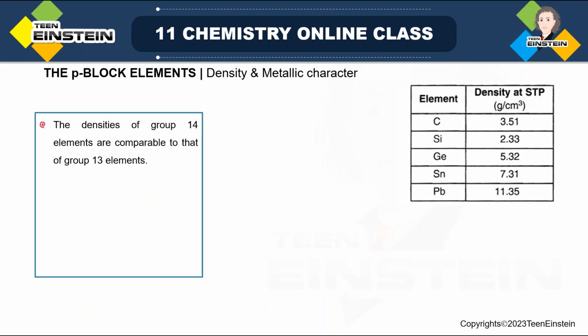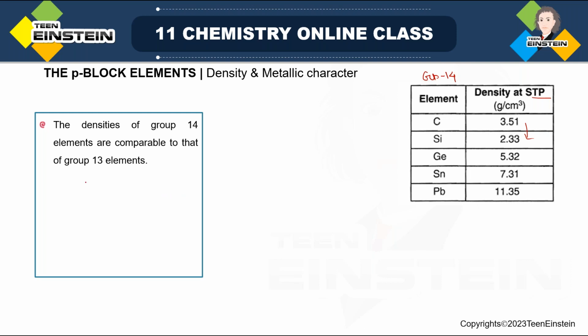Density and metallic character. First, look at the density values for group 14 elements, at STP in gram per centimeter cube. As we move down, it is not a smooth increase or decrease. First there is a decrease, then again an increase, but the maximum density is for lead.